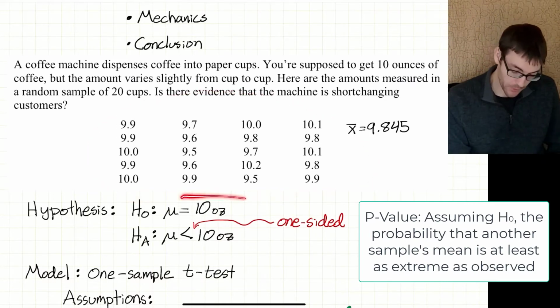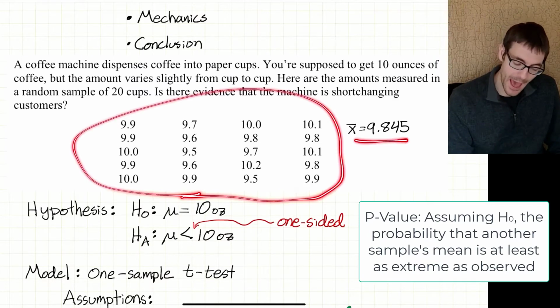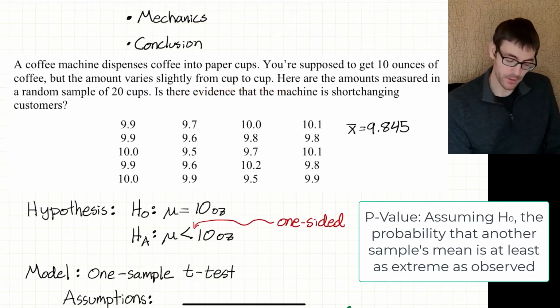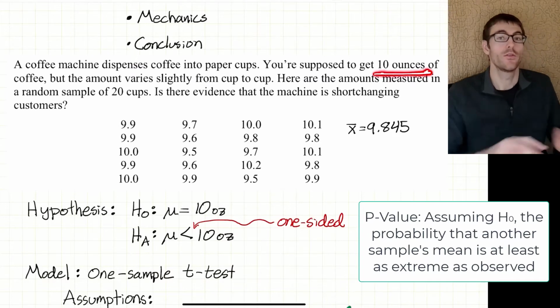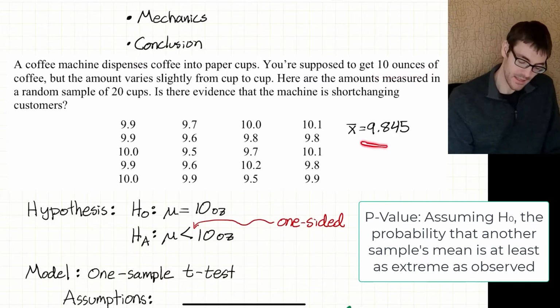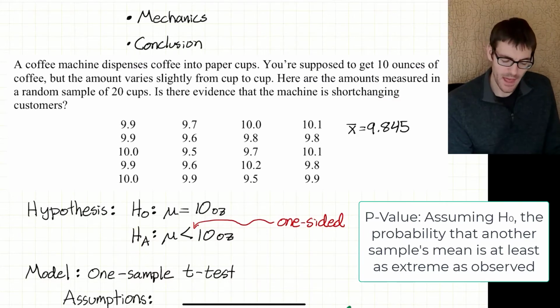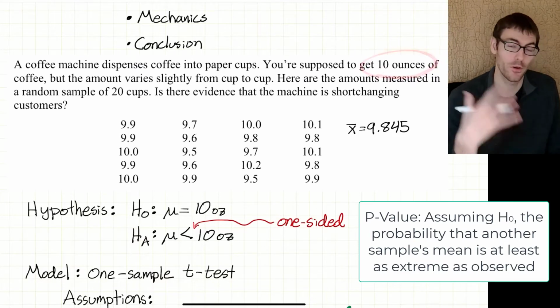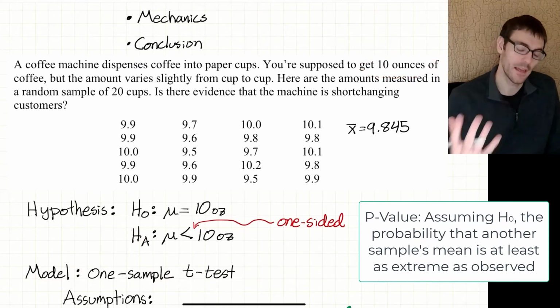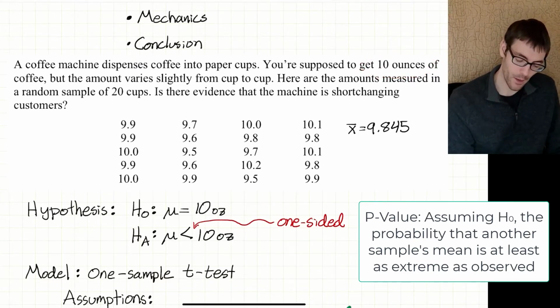Okay, so for the sample that we actually ran, the average number of ounces of coffee was 9.845. Certainly this is less than 10 ounces. The overall question is: is this significantly less? Is this far enough less that we suspect that 10 ounces is not the correct average? Again, to answer this, we want to find the probability that this occurs.